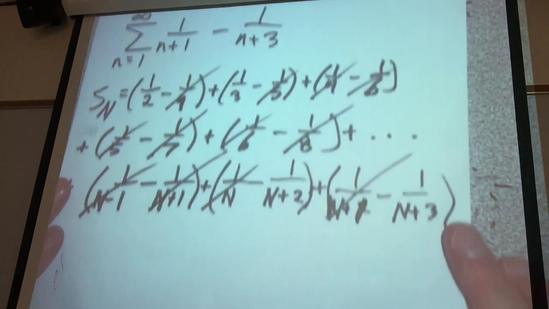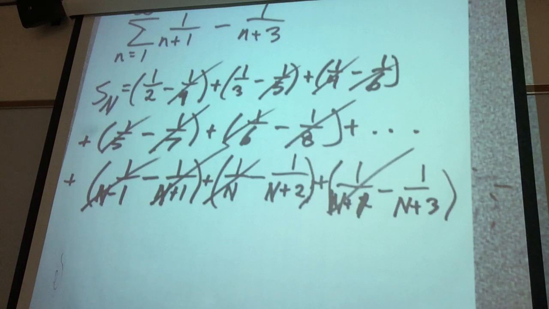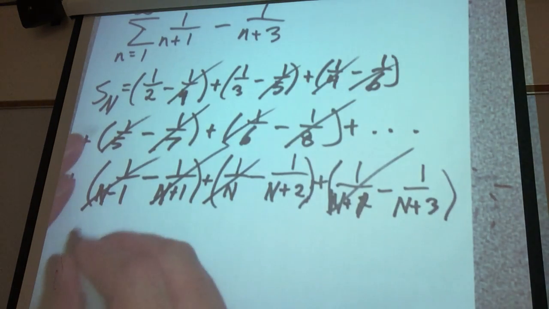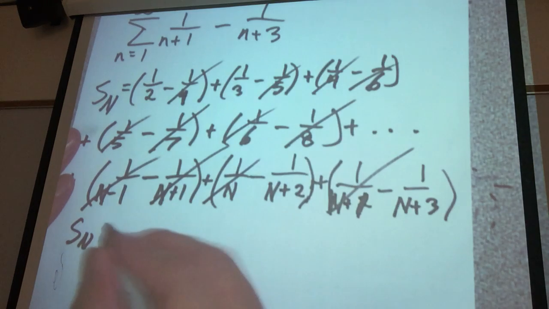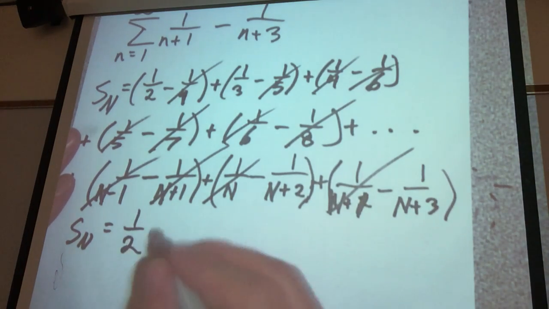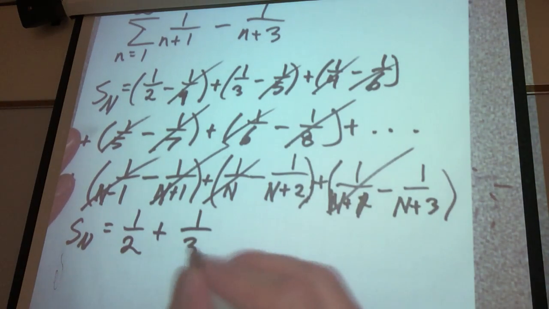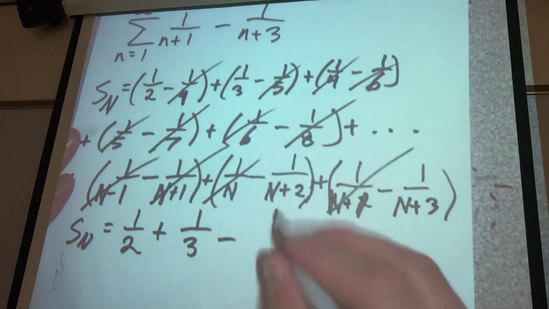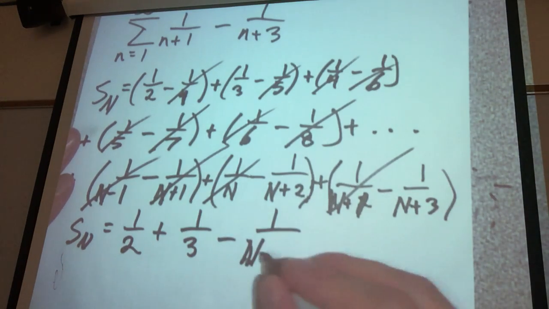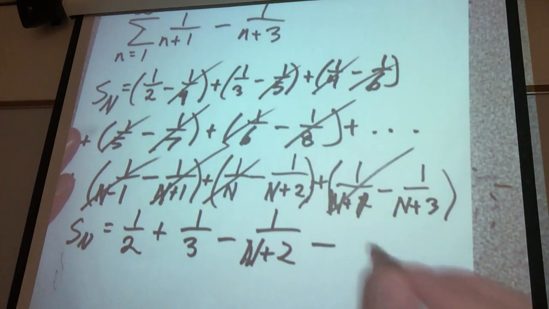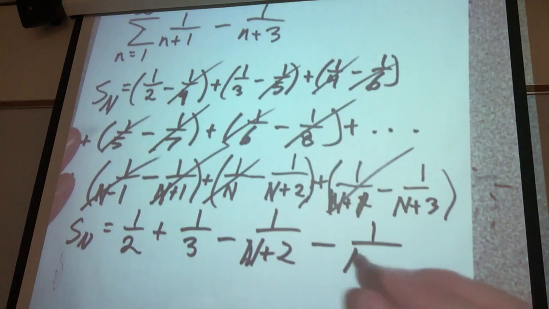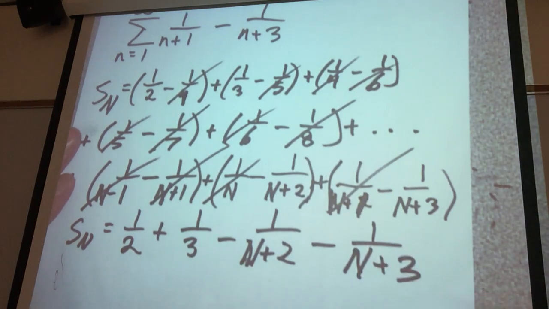So in this case, what are we left over with? We're left over with S sub capital N equals 1/2 plus 1/3 minus 1 divided by capital N plus 2 and minus 1 divided by capital N plus 3.